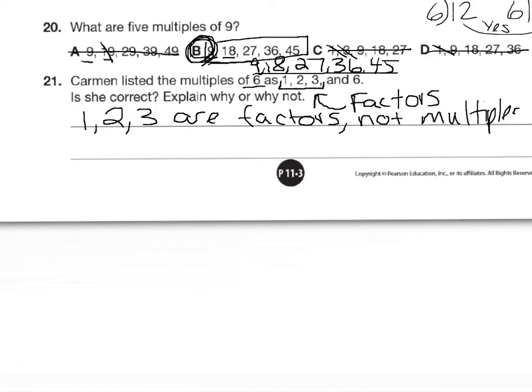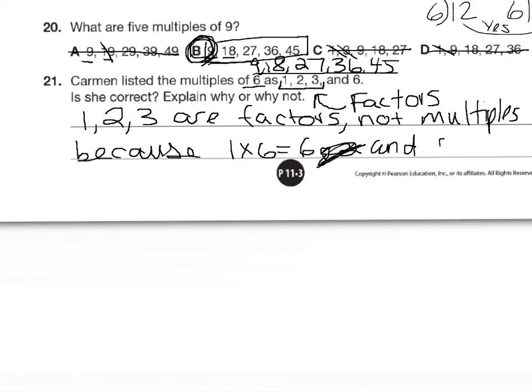Because 1 times 6 equals 6, and 2 times 3 equals 6. That would be a wonderful answer, although you can still say they're not multiples because they're smaller than the number.